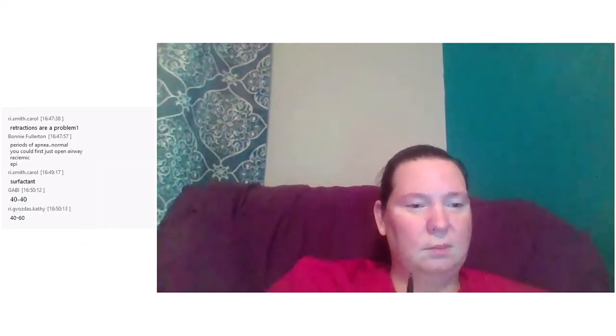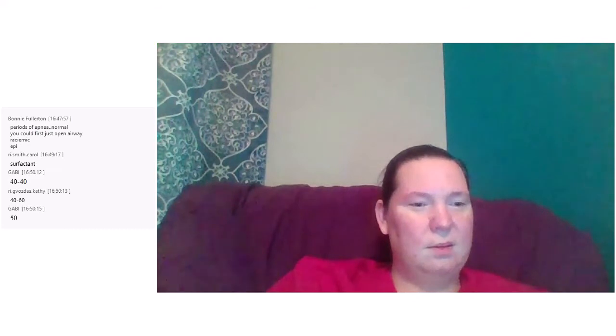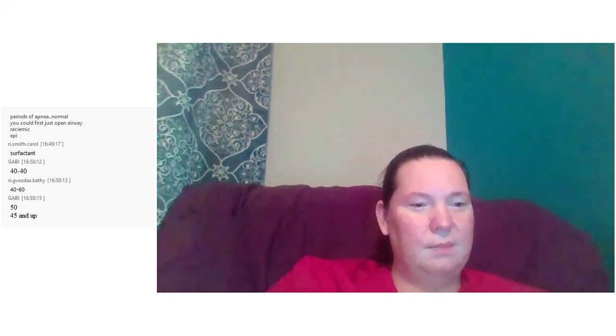Oh, so while we're on vital signs, what's a normal blood glucose in a term versus a preterm baby? Yeah, very good. How about preterm? Yeah, a little bit lower in preterms.